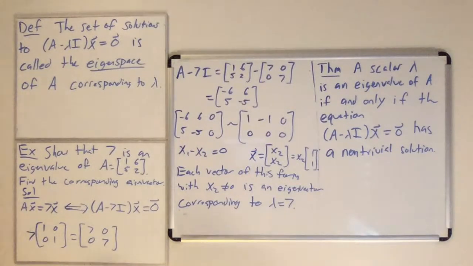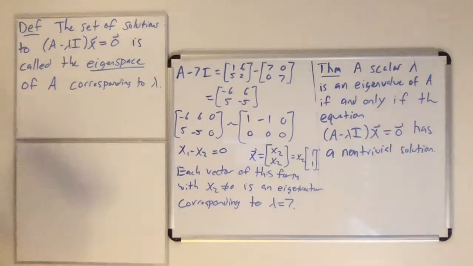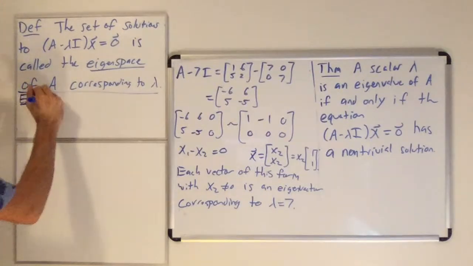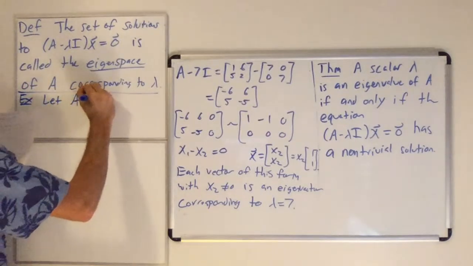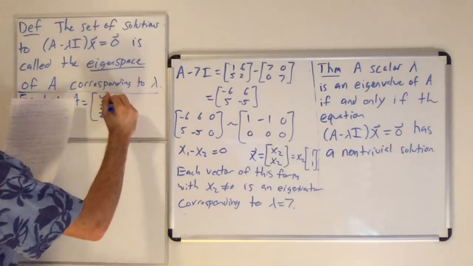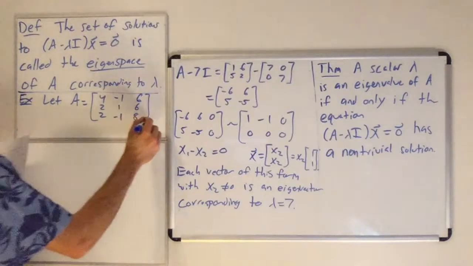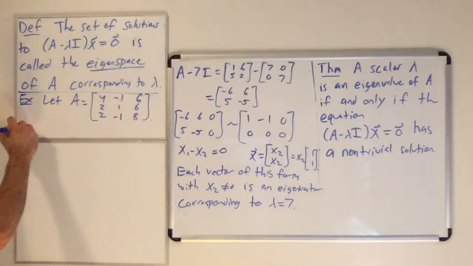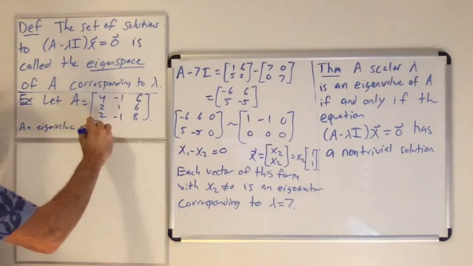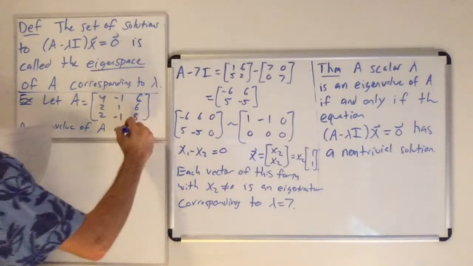Okay, so let's look at one last example. And then just a fact about this, an eigenvalue of A is lambda equals 2.